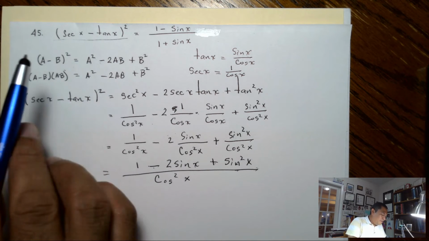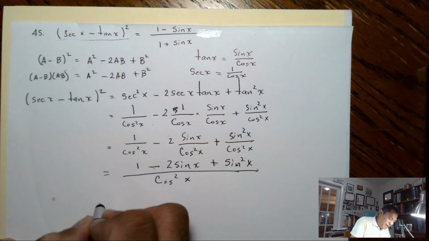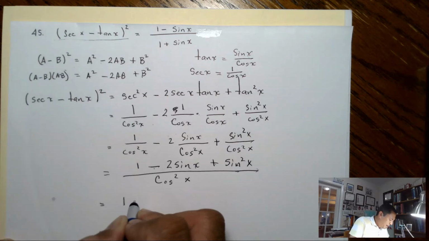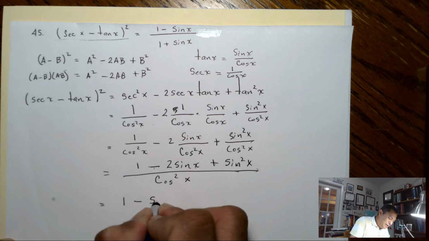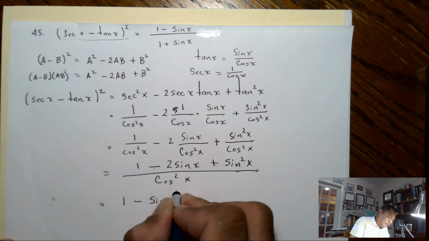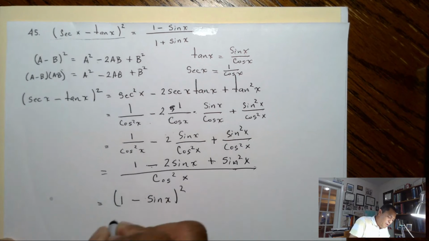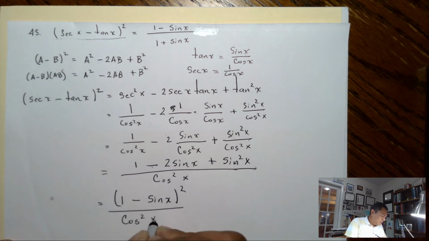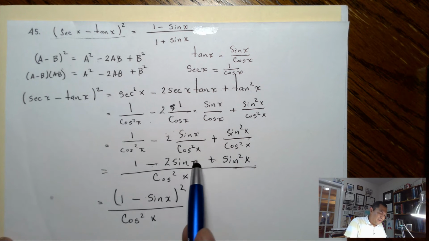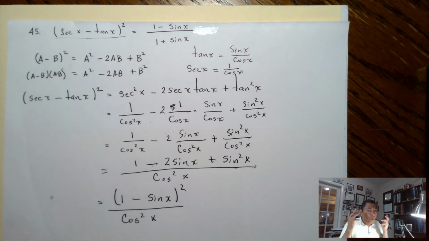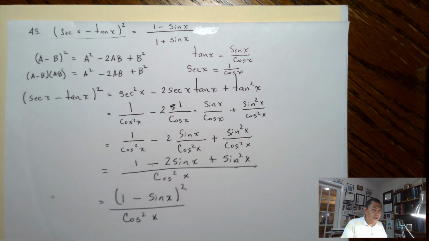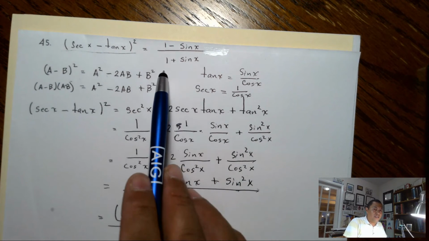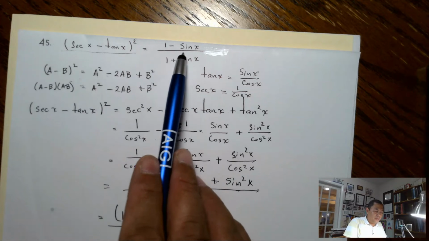So if I use this property, this will be (1 minus sine of x) squared over cosine squared of x. So I came to this one. Remember, I'm always keeping an eye on 1 minus sine of x and 1 plus sine of x.